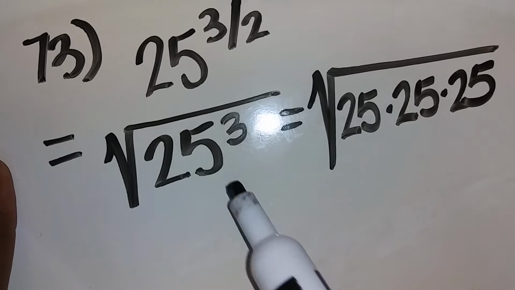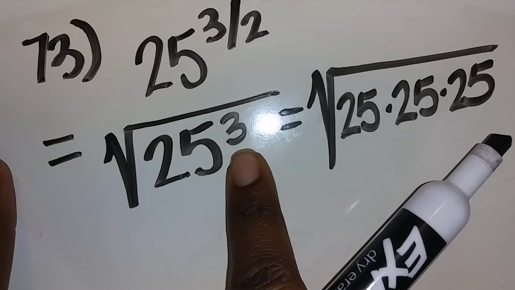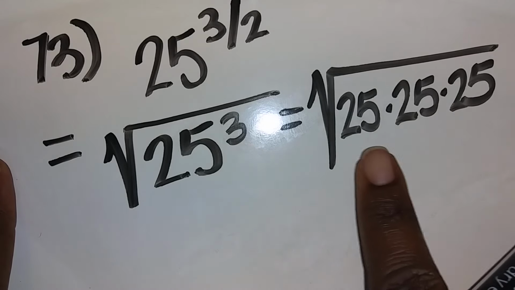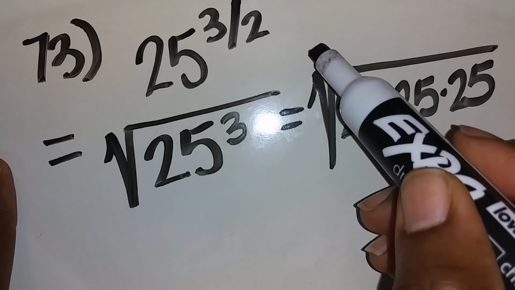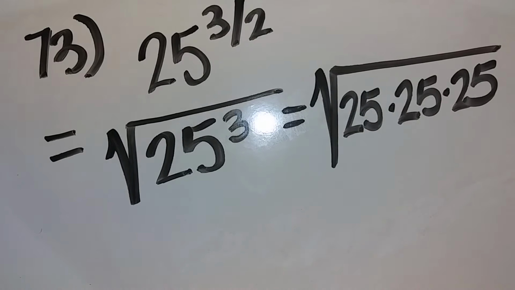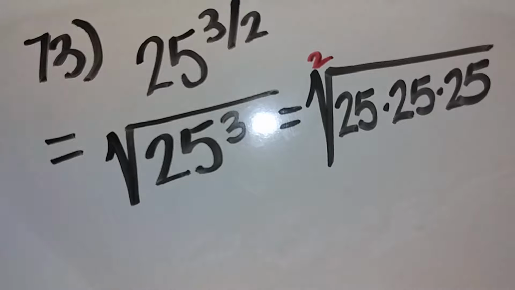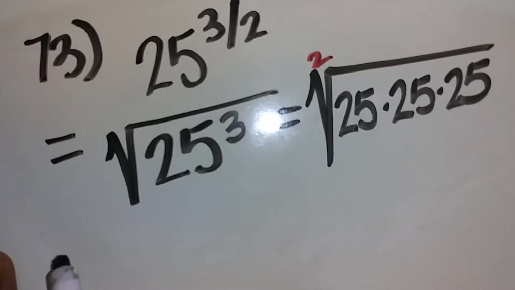Because it's to the third power, I'm going to see 25 3 times. And that's what I meant earlier in our previous notes on how you'll see it only one time. But right here, it has an exponent of 3. So that means I write 25 out 3 times. But I need to remember that in my index, it is an understood 2 there. That means I need 2 of the same to make a pair.